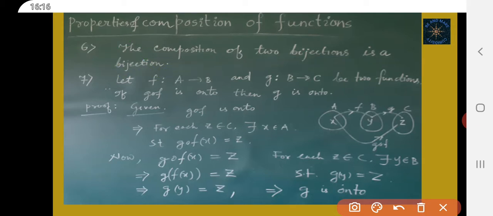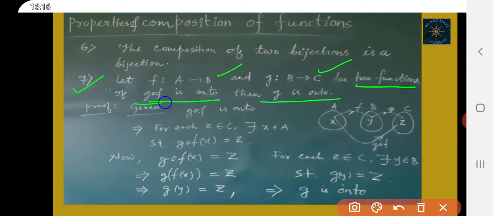Okay. Now come to property 7. Let f mapping from A to B, g mapping from B to C be two functions. If gof is onto, then g is onto.